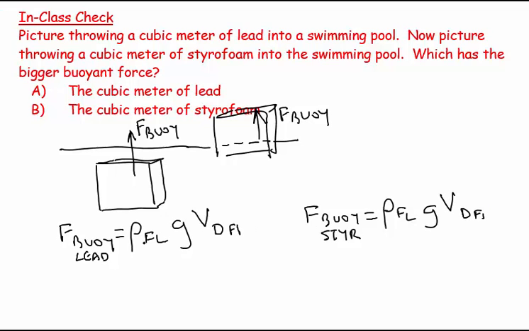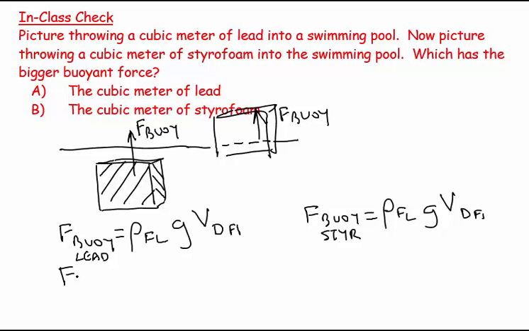So in both cases we have the density of the fluid, so there's no difference there. In both cases we have g, there's no difference there. But the volume of the displaced fluid, in this case, the entire block submerges. And so the volume of the displaced fluid is as big as the block.